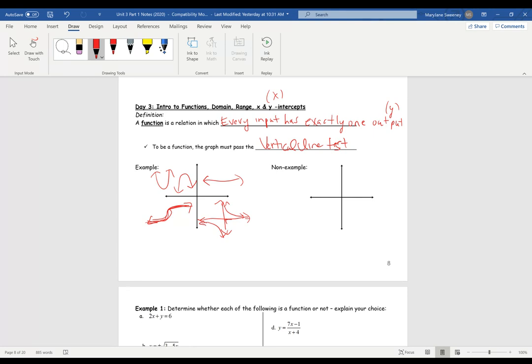That would pass the vertical line test. Something that would not: a vertical line is not going to pass a vertical line test. A circle is not. A sideways parabola would not. Something that looks like this would not.